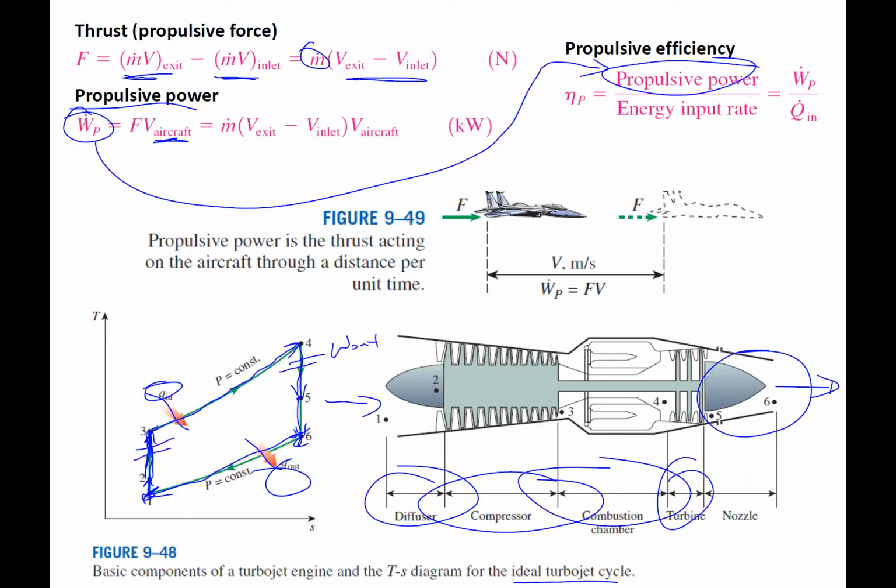This is the work in from the compressor, 2 to 3 and 4 to 5, and those are equal. So there's just enough work by this turbine going into this compressor, right? There's no other attachment here for a shaft that's going to a generator. So the work out of the turbine is equal to the work to the compressor.